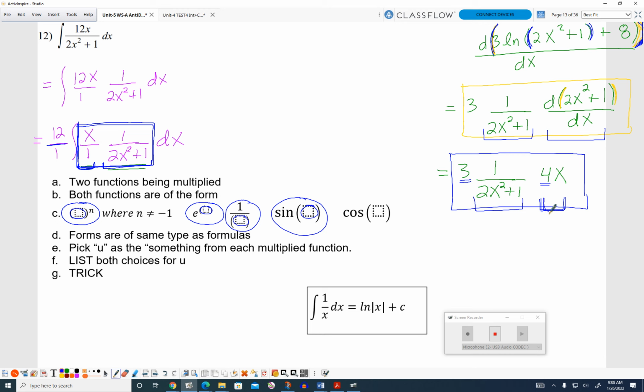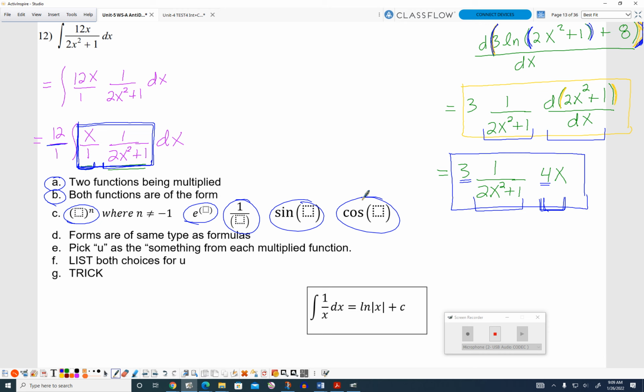So, what I have found works best to unravel all this stuff is to do the following. I recognize that I have two multiplying functions. I've already done that. Now I need to recognize that those functions have got to fit my rules. So look at your salmon sheet and notice there are only 5 rules. There's 5 rules and there's the expanded version. Look at my board and notice this is the first rule: power rule, exponential rule, ln, sine, cosine.